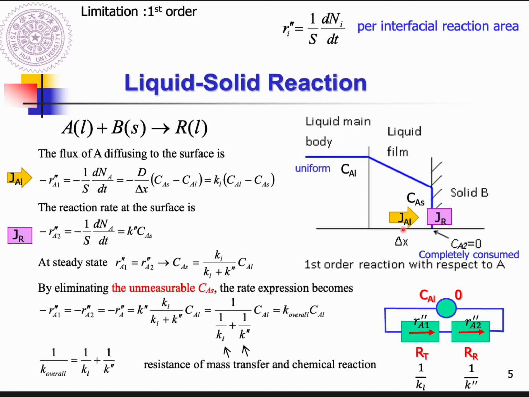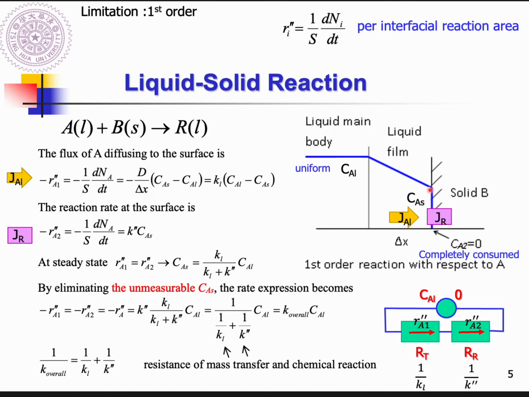Next, let's try to formulate the flux of reactant A passing through the liquid film. The flux, the consumption rate of reactant A per interfacial reaction area, J_L, will equal minus diffusivity times the concentration gradient.